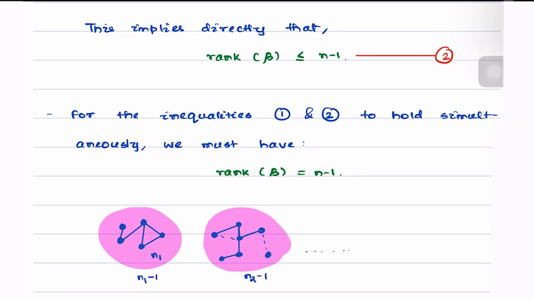We can do it quite similarly for every other connected component that is there in the undirected graph.